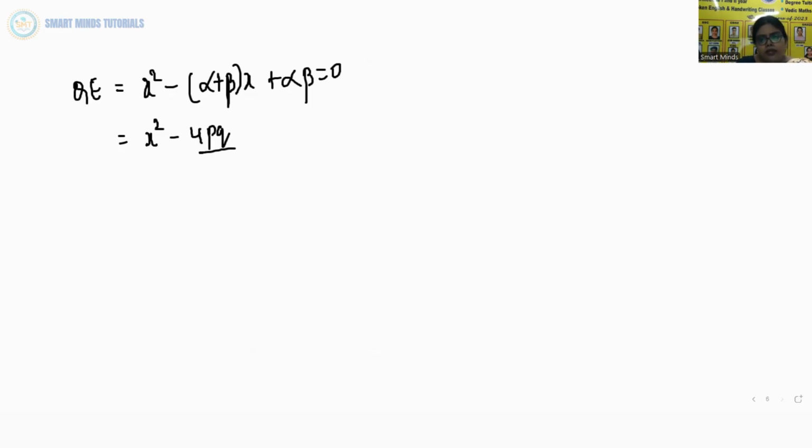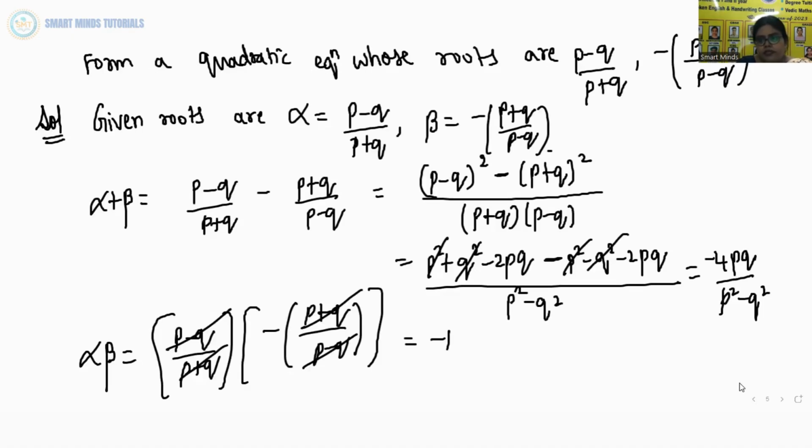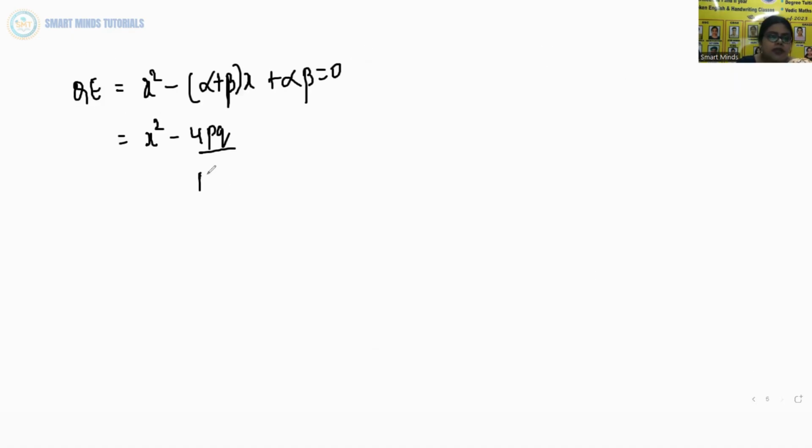So now we shall substitute those values in the quadratic equation, that is x square minus (alpha plus beta) into x plus alpha beta is equal to 0. So that is x square minus 4pq by p square minus q square, minus 1 is equal to 0.